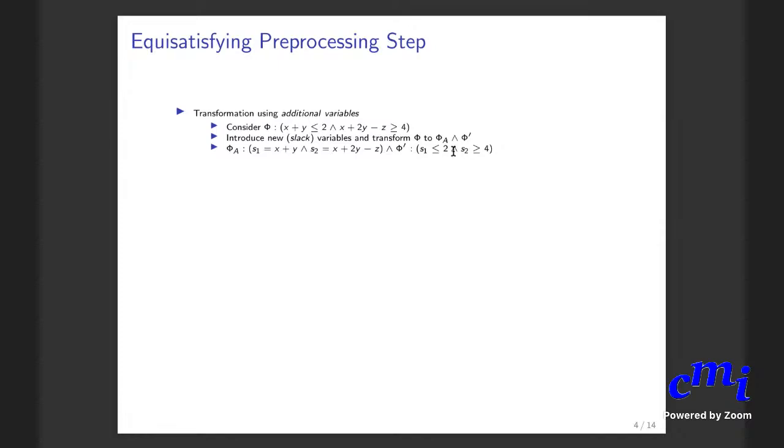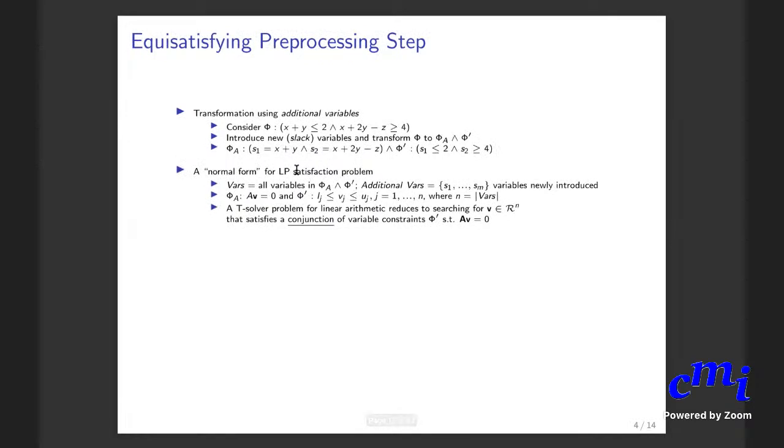Since these are equalities, whenever this transformed conjunction of phi a and phi prime is satisfiable, the original is satisfiable as well, and vice versa. That's why this step is called equisatisfying. It's not equivalent because it introduces new variables that don't exist in the original formula. So we consider this a normal form for the LP satisfaction problem.